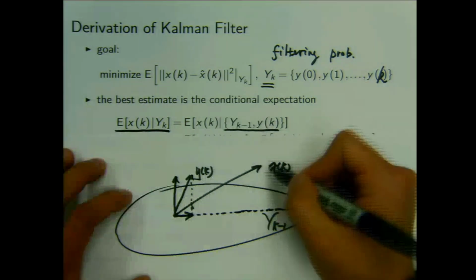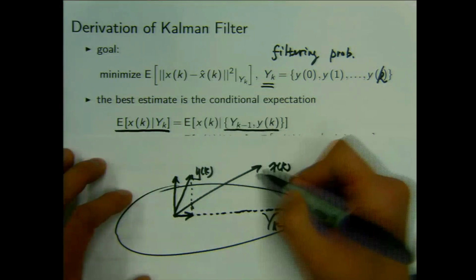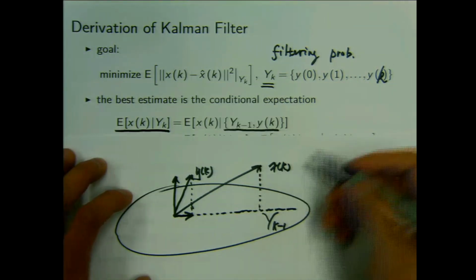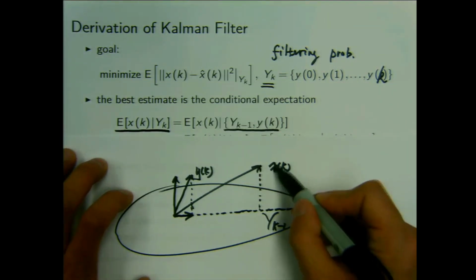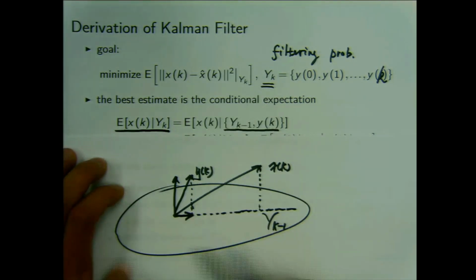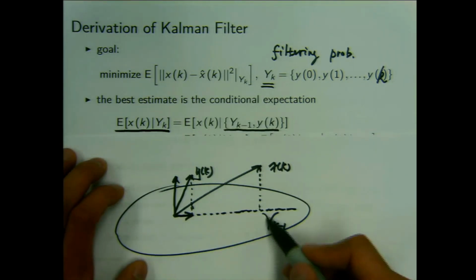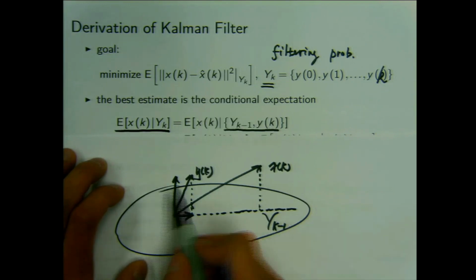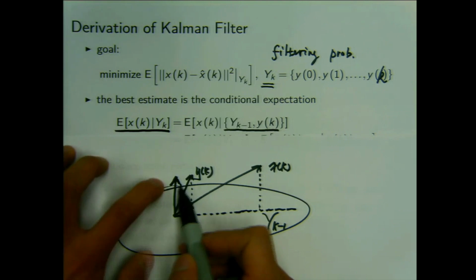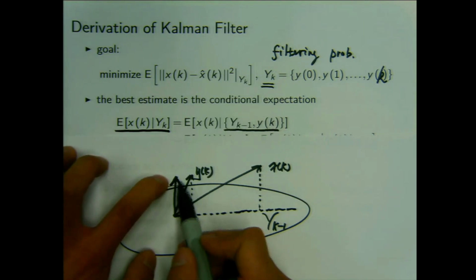The estimation of x_k is, first of all, the estimation using all the information in the vector space spanned by y^{k-1}, plus the improvement from this new measurement y_k.